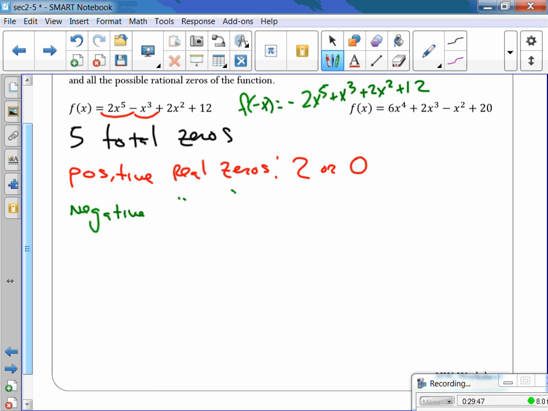So here I know for a fact there is no choosing. Like in the previous case, 2 or 0, here I know for a fact we have only 1 negative real zero.